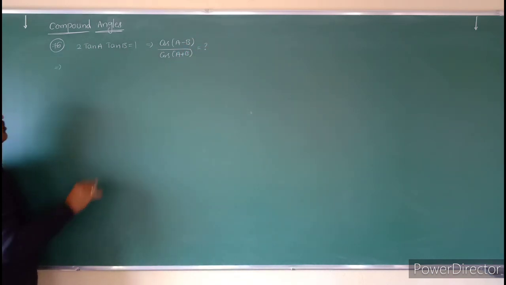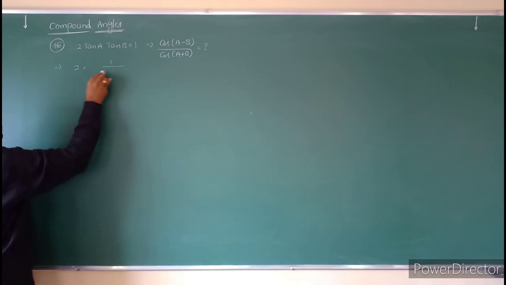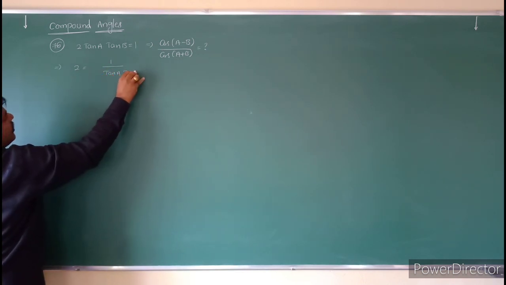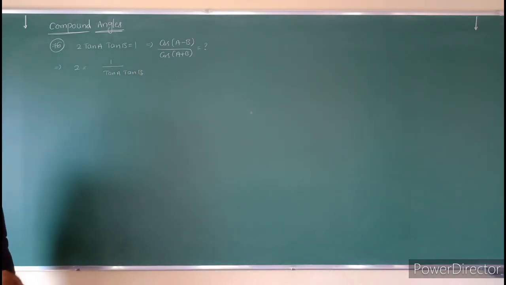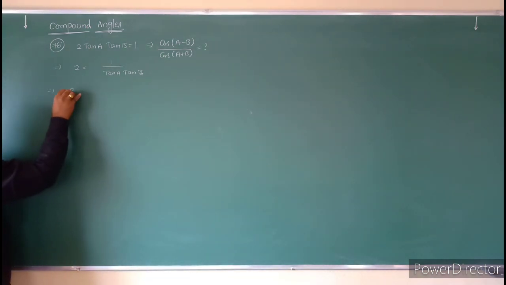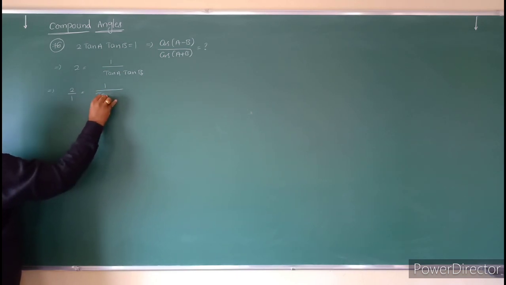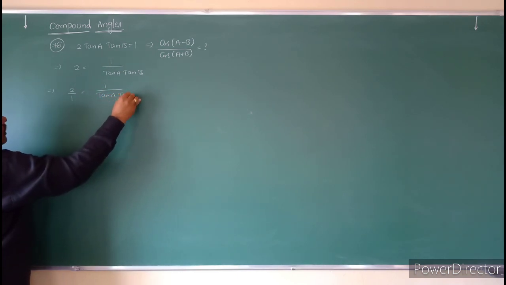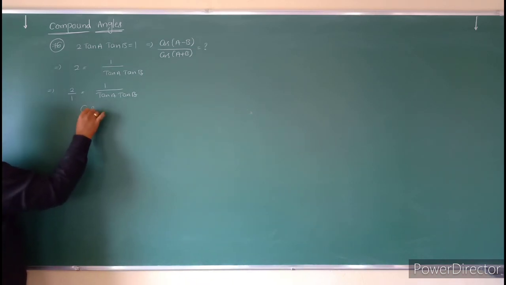From this one, 2 is equal to 1 by tan A into tan B. So from this one, I can write 2 by 1 is equal to 1 by tan A into tan B. I will use that componendo and dividendo formula here.